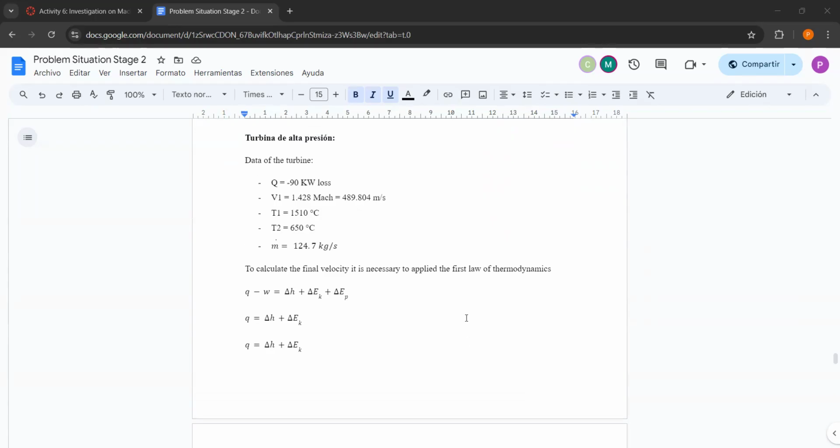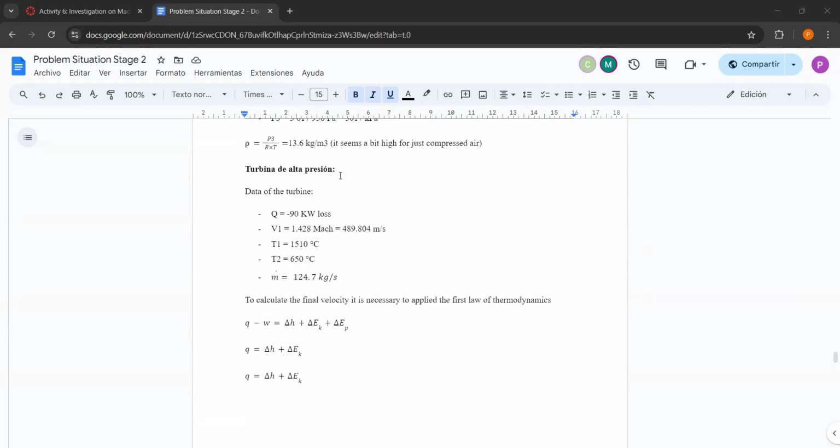So now, talking about la turbina de alta presión, the high pressure turbine, we have the next data. We have a heat rate of 19 kilowatts. It's a lot. Velocity one of 1.428 Mach, equal to 489.804 meters per second. The temperature one of 1510 degrees Celsius, and the final temperature of 650 degrees Celsius.